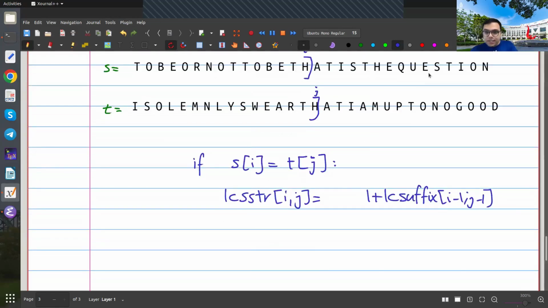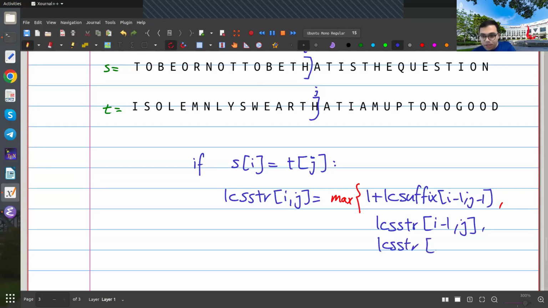So instead of just saying it's this, I say it's the maximum of all of these cases. So the longest common substring of the first I minus 1 characters of the first string and the first J characters of the second string, and the longest common substring of the first I characters and J minus 1 here.